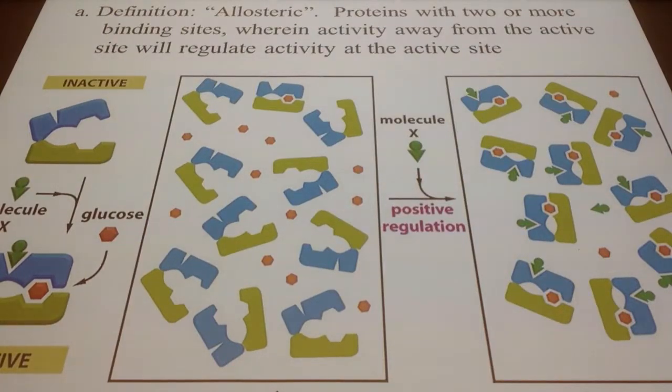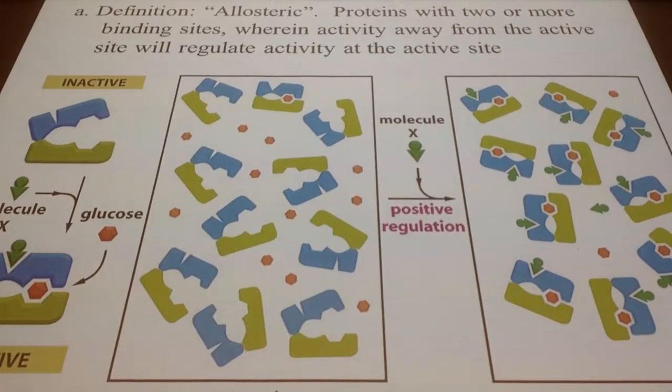You can actually have control of protein activity by having regulatory proteins or regulatory molecules binding to the protein, right? To either activate or inactivate the protein. And activating and inactivating the protein still has to do with conformational change, still structure and function.